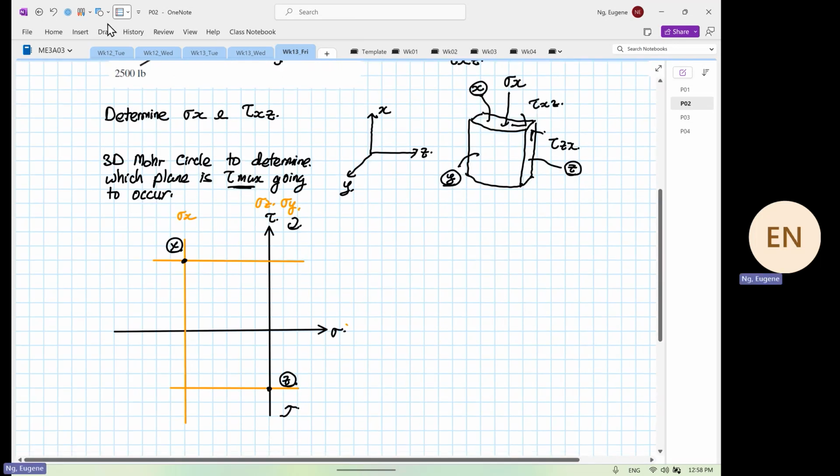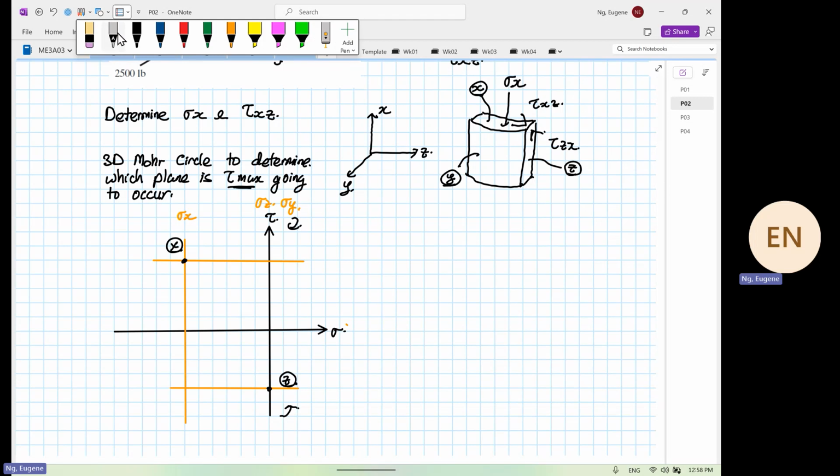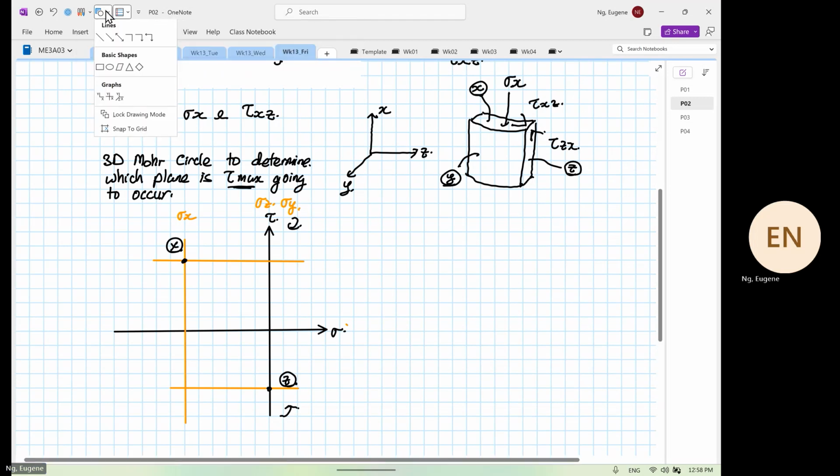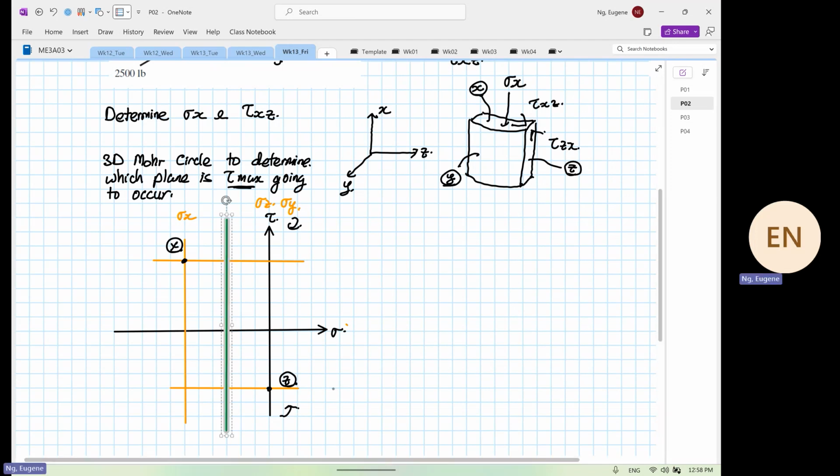Then we have our stress average line. And then from here, oh, I think I miscalculated one point. I'm going to bring it down.